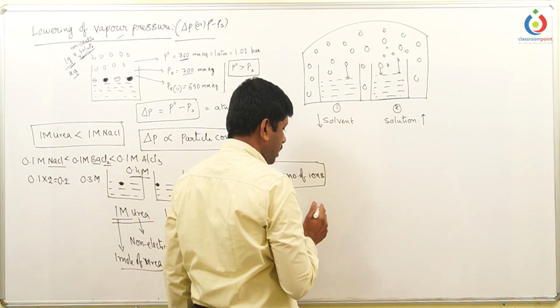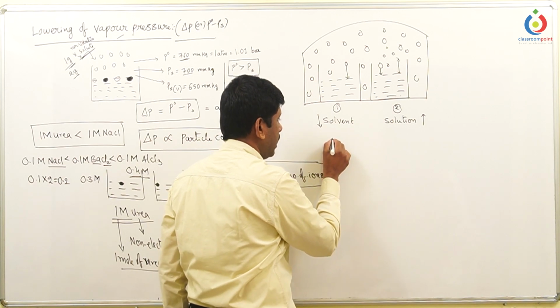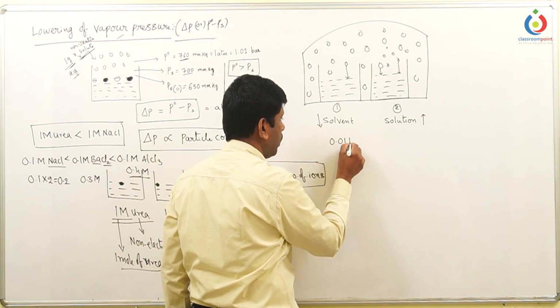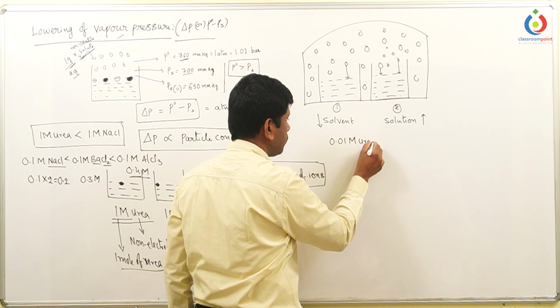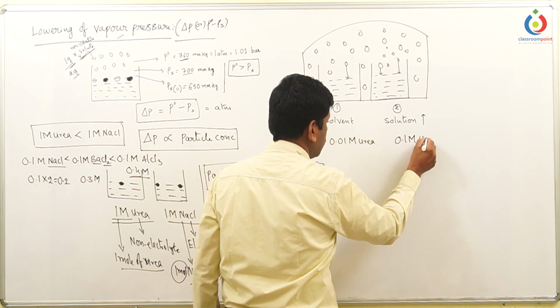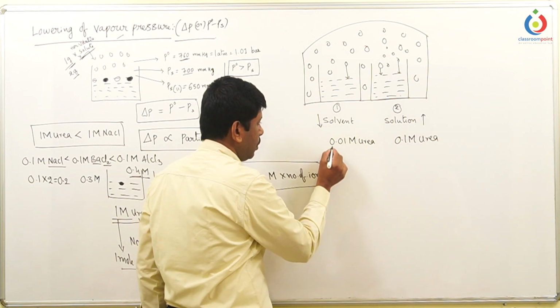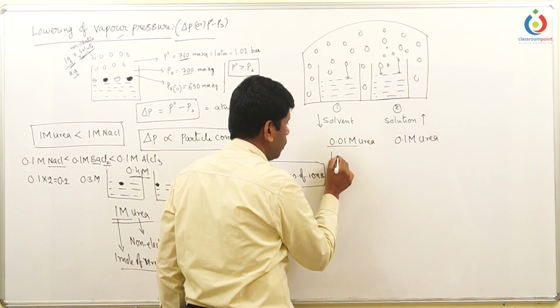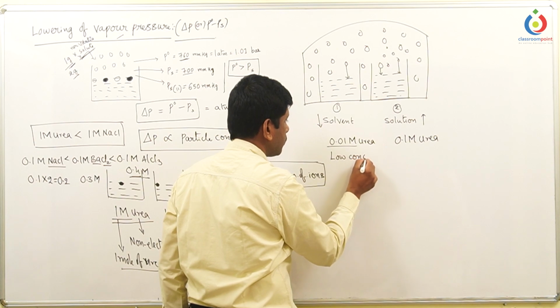When you take two different solutions, one is 0.01 m urea solution and the other is 0.1 m urea solution. 0.01 m means this is a low concentrated solution.